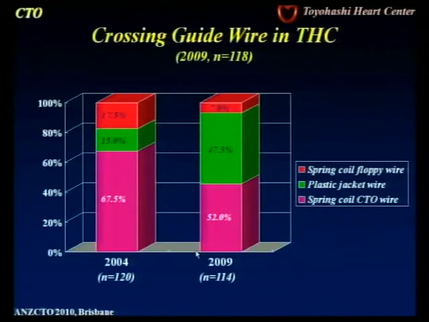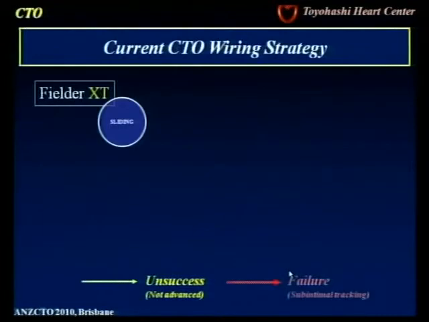So now the spectrum of Antegrade wire has changed a little bit compared to the previous selection. Now we frequently use a plastic jacket wire like Fielder XT, FC, or Pilot as a sliding technique in the Antegrade manner.